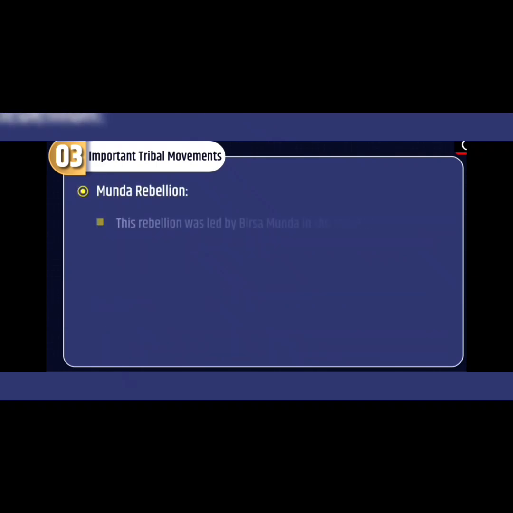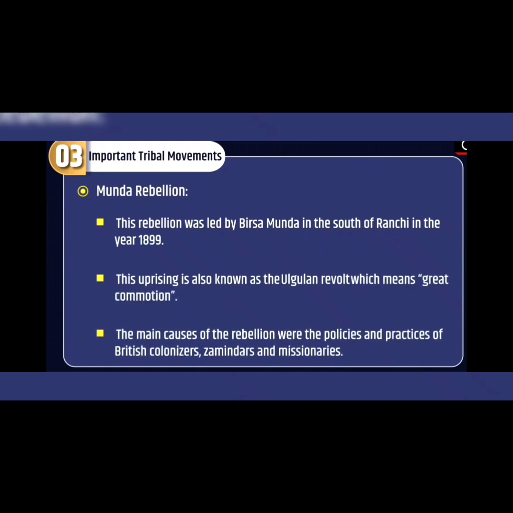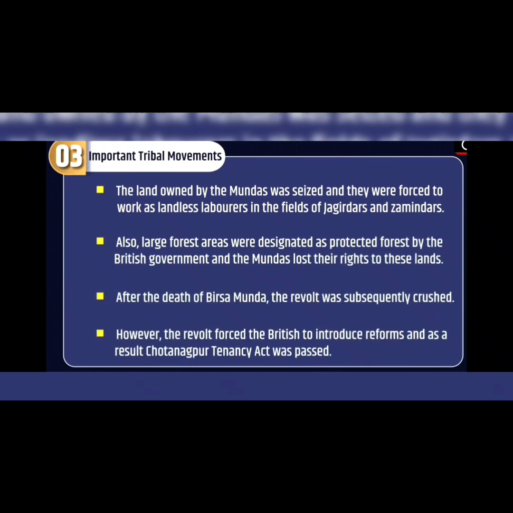Munda Rebellion. This rebellion was led by Birsa Munda in the south of Ranchi in the year 1899. This uprising is also known as Ulgulan Revolt, which means Great Commotion. The main causes of the rebellion were the policies and practices of British colonizers, zamindars and missionaries. The land owned by the Mundas was seized and they were forced to work as landless laborers in the fields of jagirdars and zamindars.